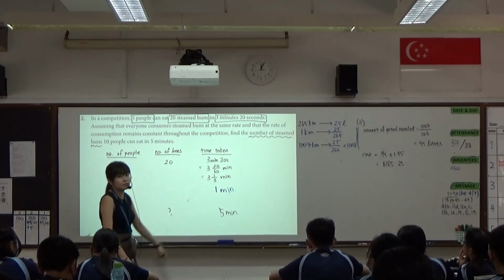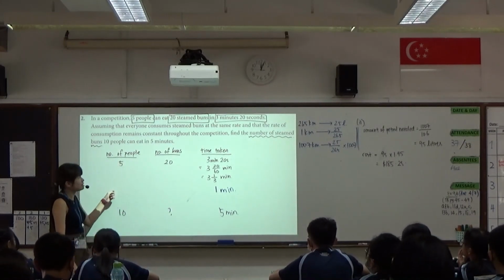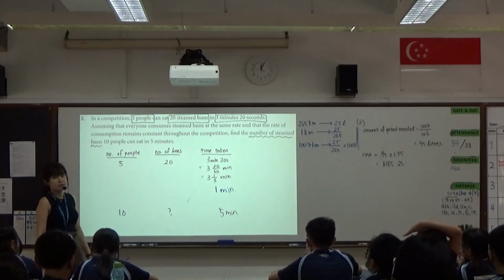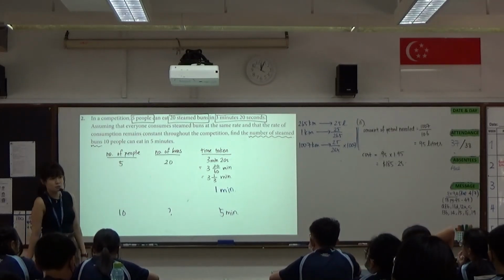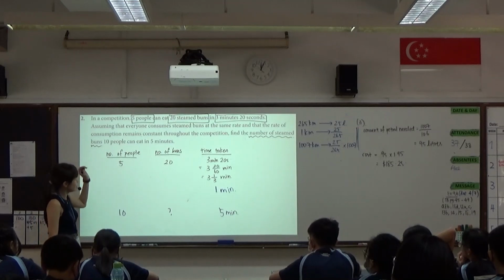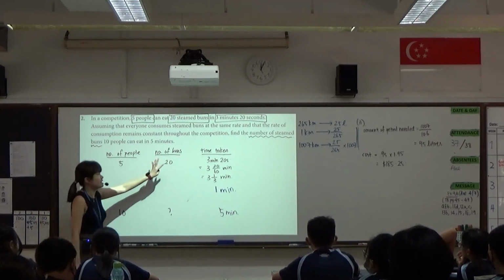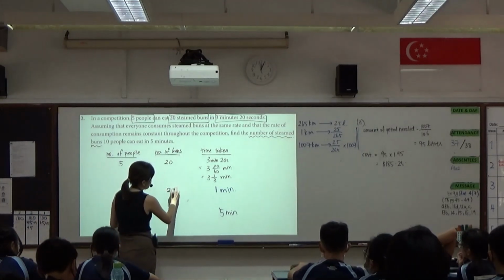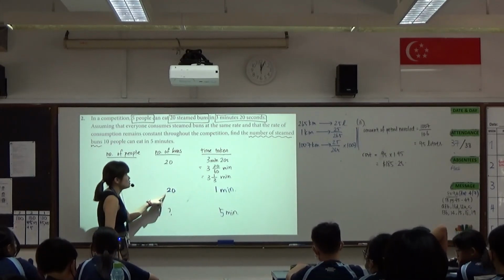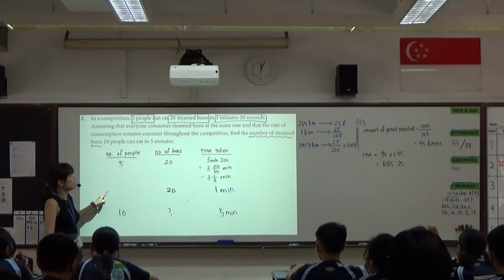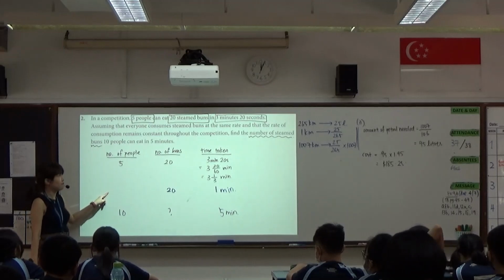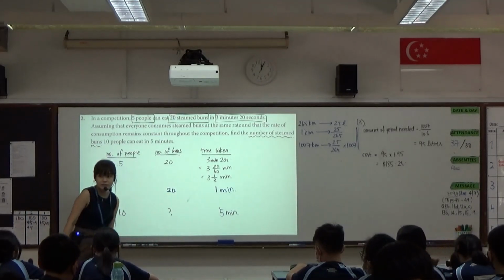If I'm going to change this, I will take either one of these two to change. I cannot change both together, that is the rule. So let's say I change the number of people, I keep the number of buns constant. So 1 minute, 20 buns. How many people will it take to finish 20 buns in 1 minute?